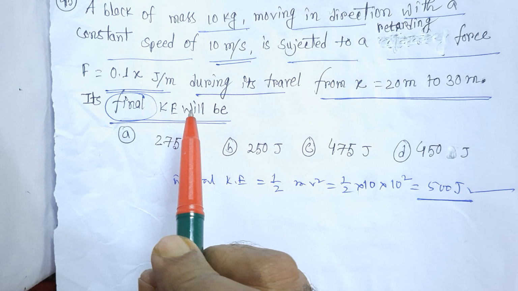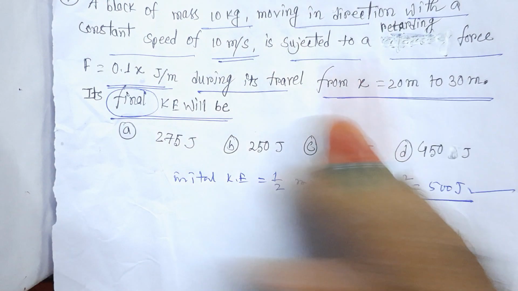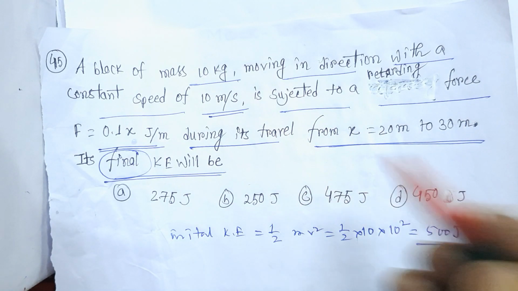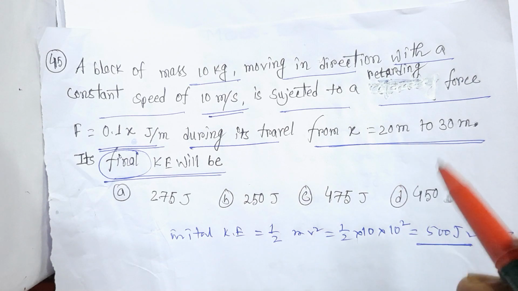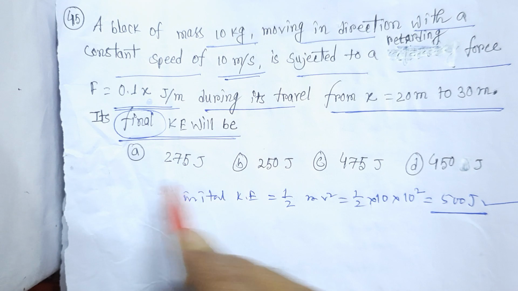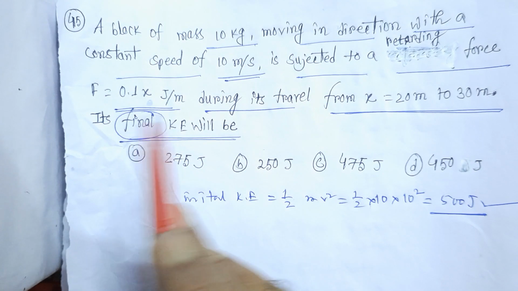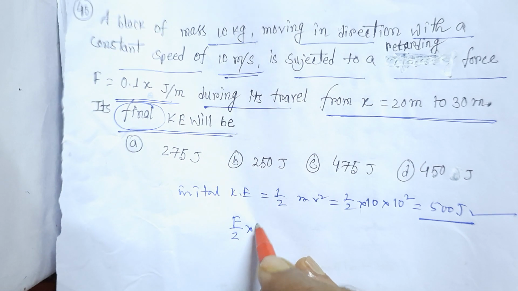Now to calculate the final kinetic energy, we have to consider why the kinetic energy is changing. Actually, a retarding force is acting on the body, and the work done against the retarding force equals the change in kinetic energy. Retarding force F is proportional to x, so the work done against this force is average force F by 2 into x.